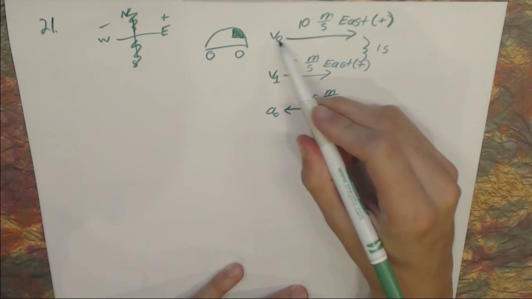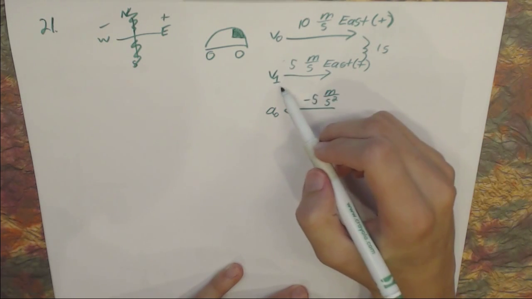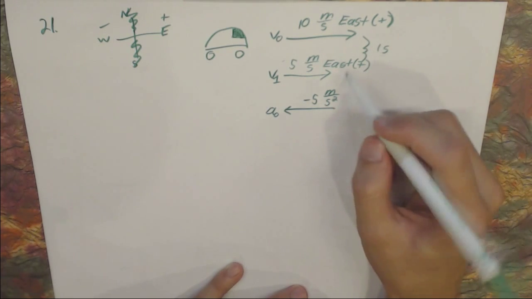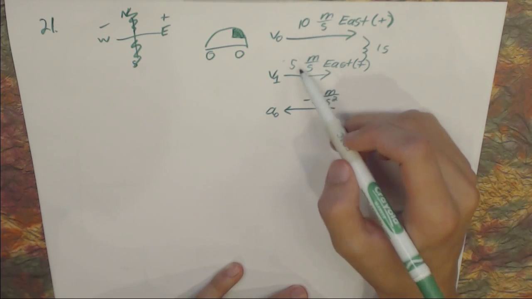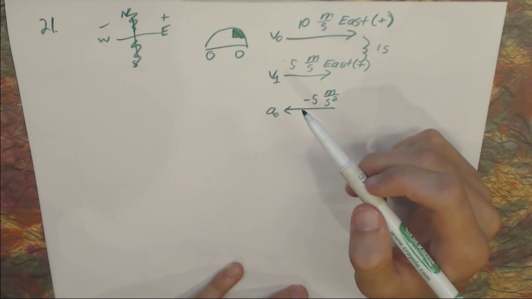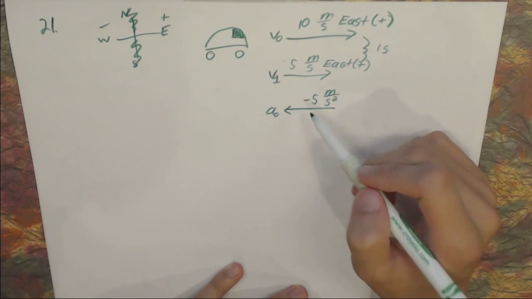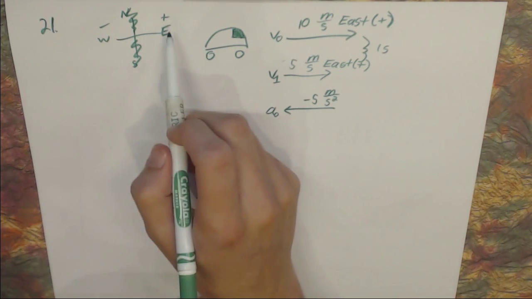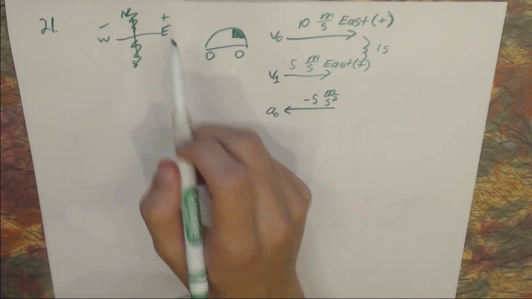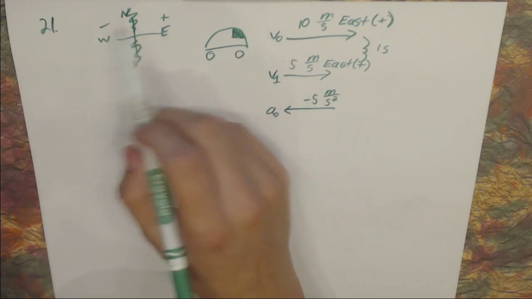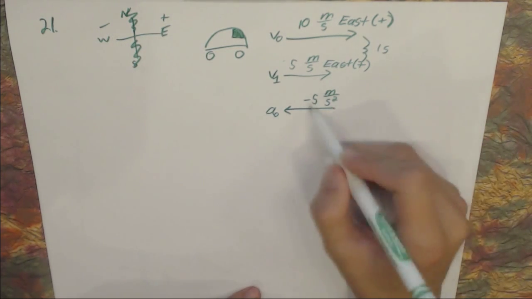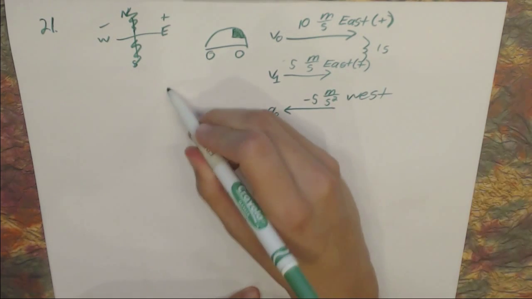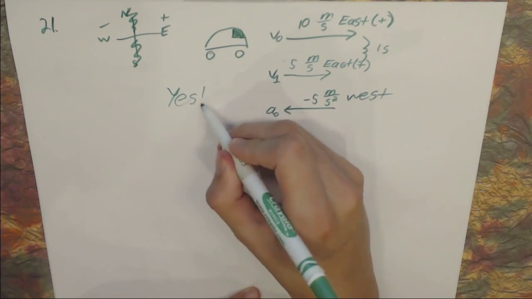Because between v0 and v1, which we defined as 1 second, the velocity decreased by 5, and since acceleration is change in velocity, that means acceleration was negative 5. And since east is positive and west is negative, that means our acceleration is negative and in the westward direction. So the answer to the question is yes.